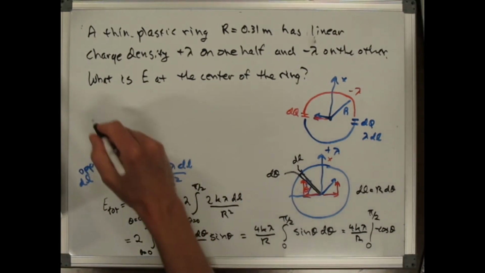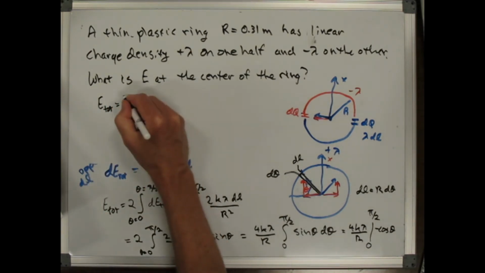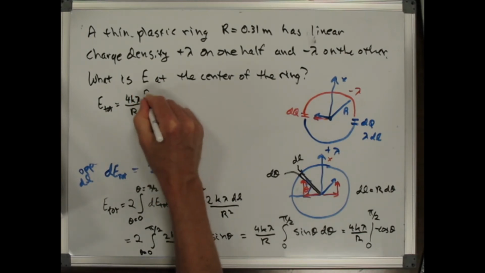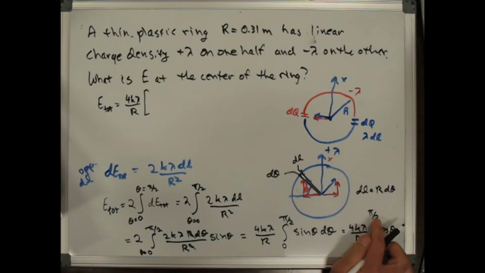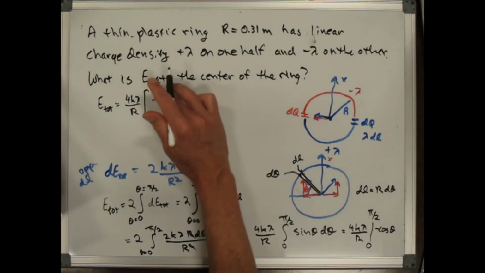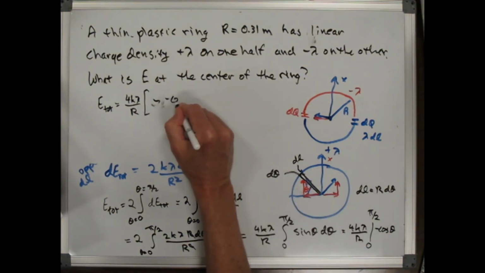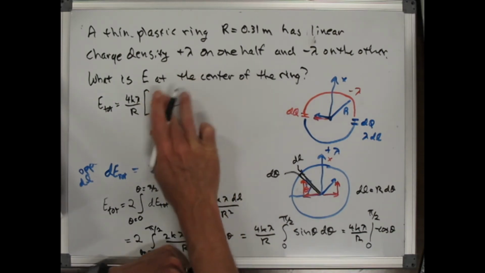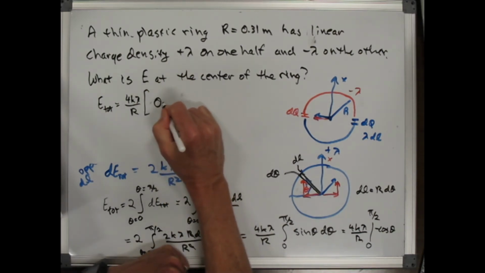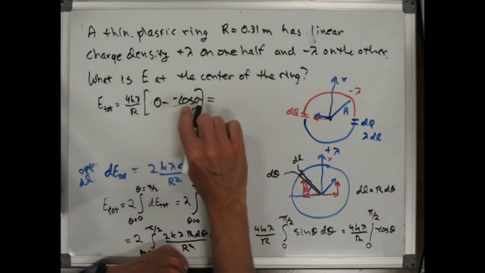I get my total electric field is equal to 4k lambda over r times cosine of pi over 2, which is 0, minus negative cosine of 0, which is just 1, so it's plus 1.